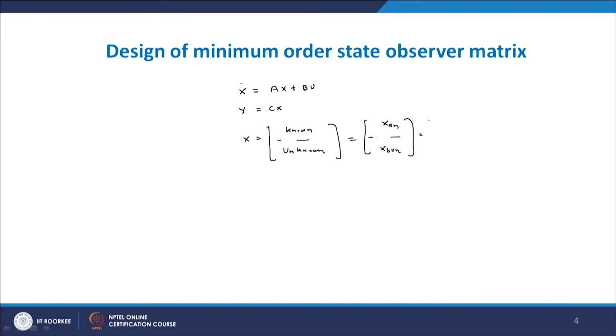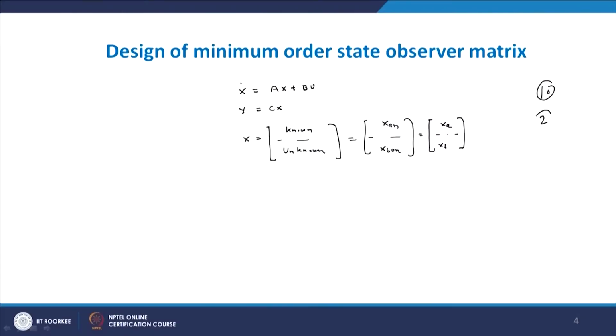Now this can be represented, for simplicity, as x a and x b. Now, we have to do the analysis of the system. Let us say there are 10 states, we can say that 2 states are known and 8 are unknown. But for simplicity, we are assuming that we know only one state, that is, one state is known and the other states need to be estimated.